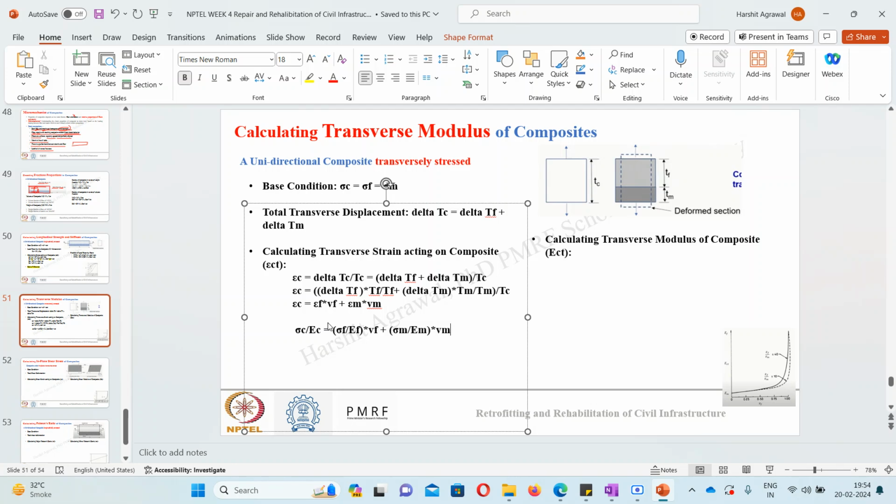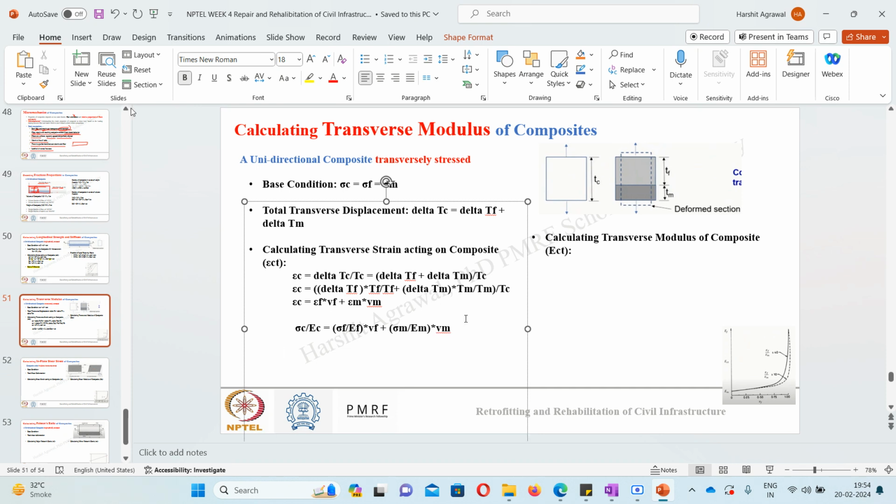Now, since in the transverse direction my base condition is that the stress acting on all three members is the same, I will have the elasticity of my composite in the transverse direction written as the volume fraction of fiber upon the elasticity of fiber in the transverse direction, plus the volume fraction of matrix upon the elasticity of matrix in the transverse direction.